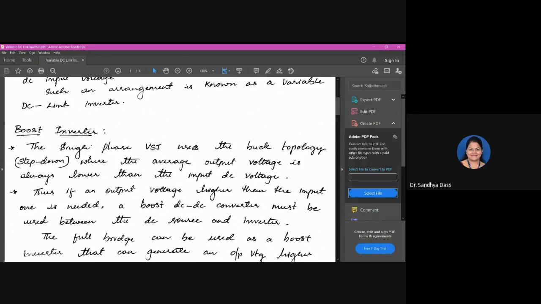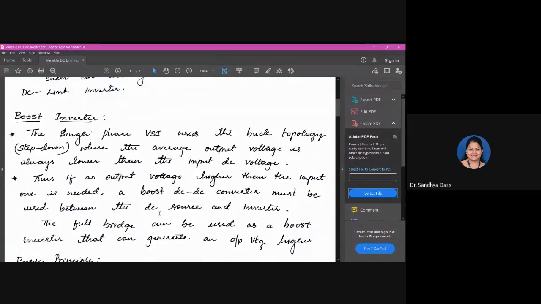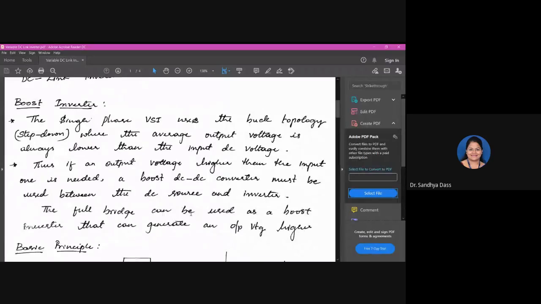So if an output voltage higher than the input voltage is required, then obviously we have to go for a boost type of DC to DC converter, which has to be connected between the DC source and the inverter.